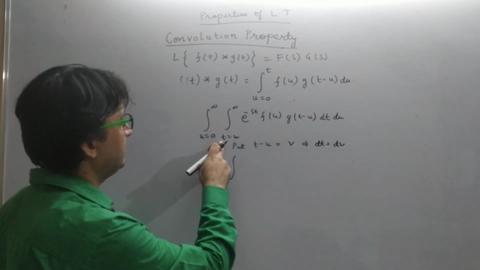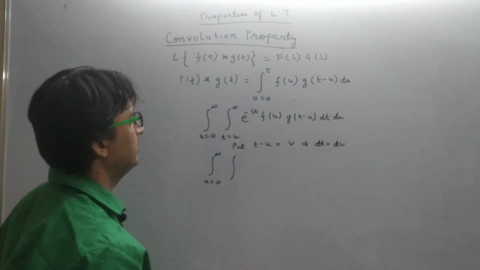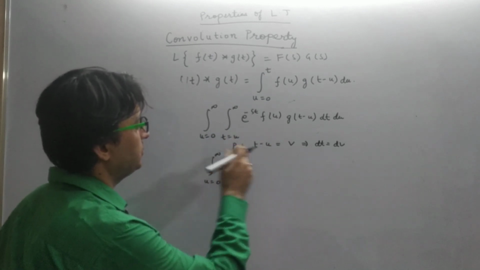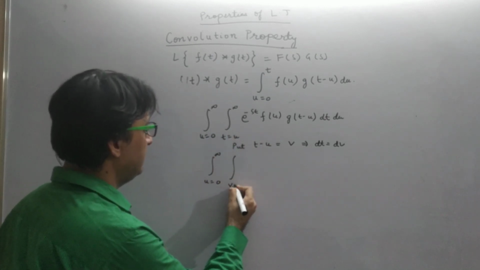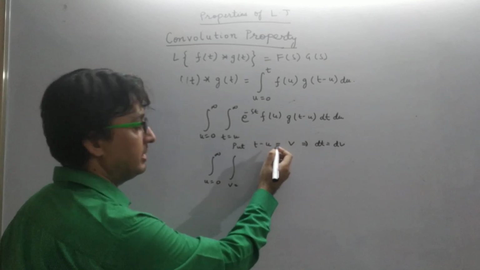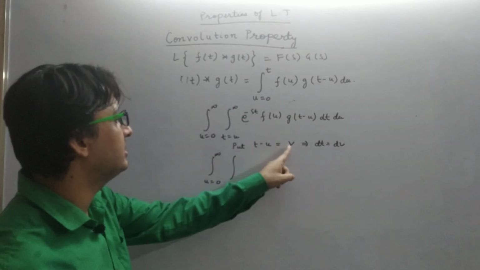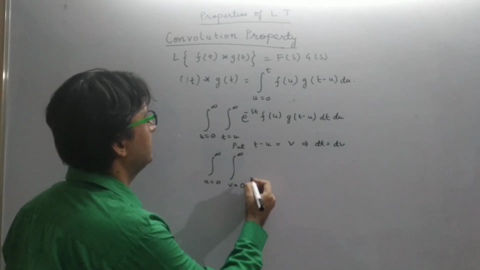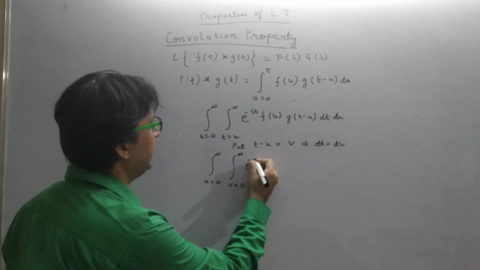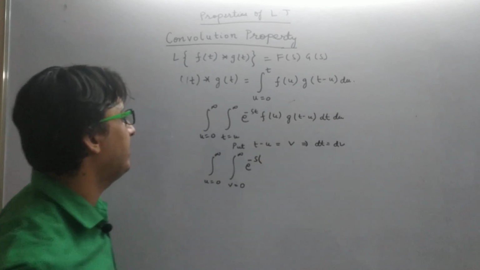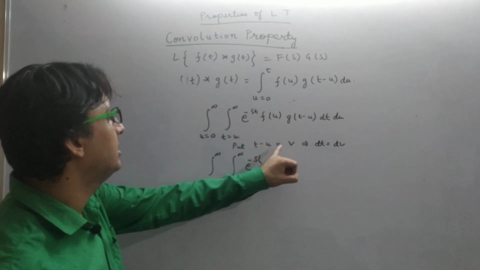Now we plug this in. If we put t equal to u, what happens? v is equal to u minus u, that is 0. Now if we put t equal to infinity, then v is equal to infinity. So in e to the power minus s times t, what is the value of t here? The value of t is u plus v.